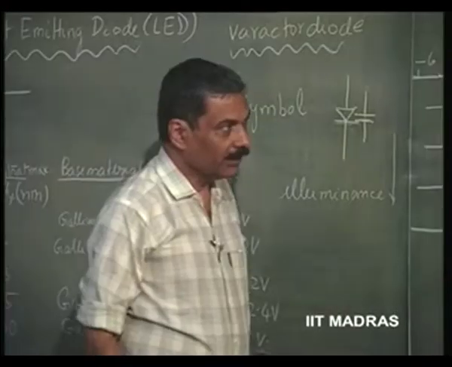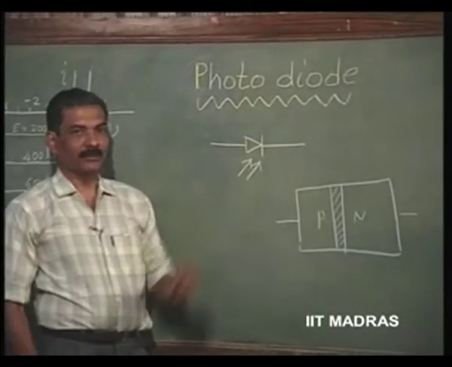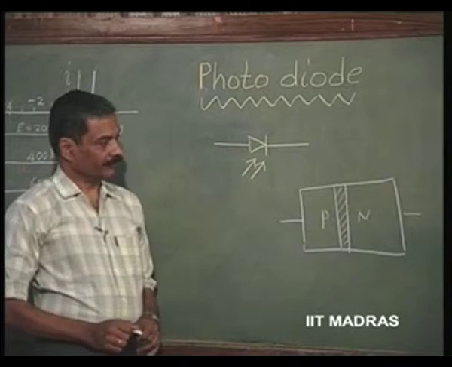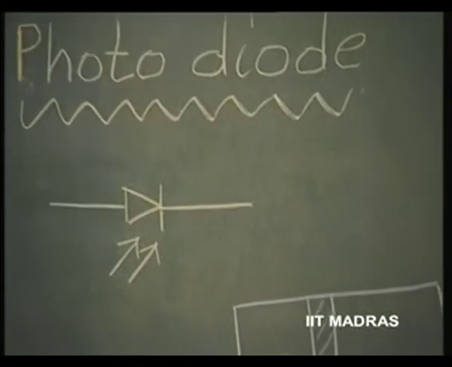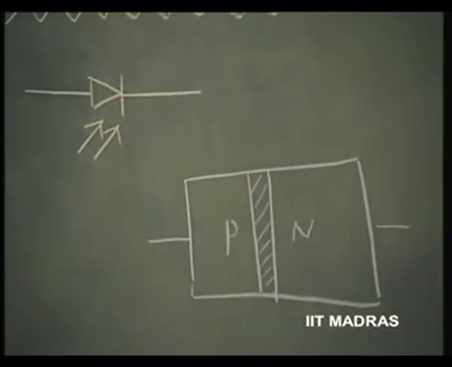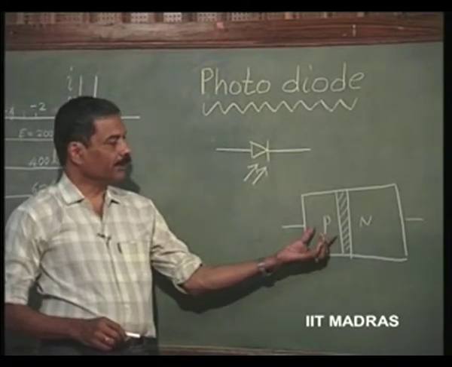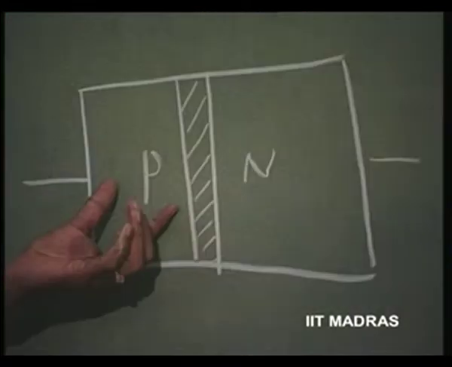Now, let us consider another important diode which is called the photodiode. What is it? Again we can go back to our p-n junction. The p-n junction has a certain amount of leakage current in it, that is, the p material has majority carriers which are holes and minority carriers which are electrons.